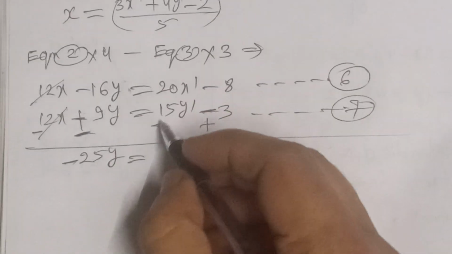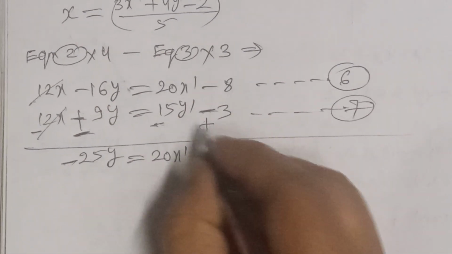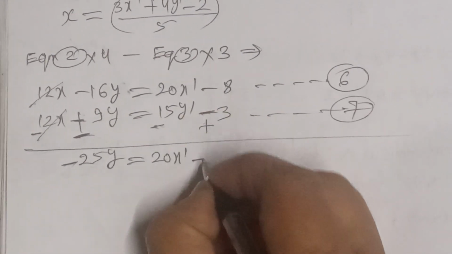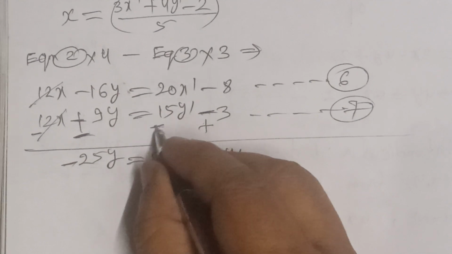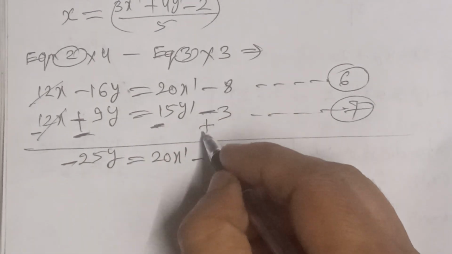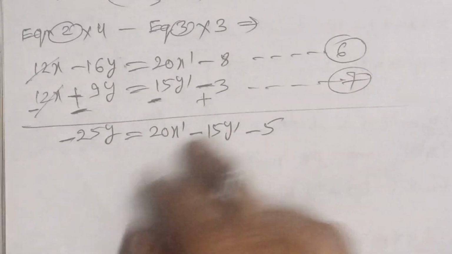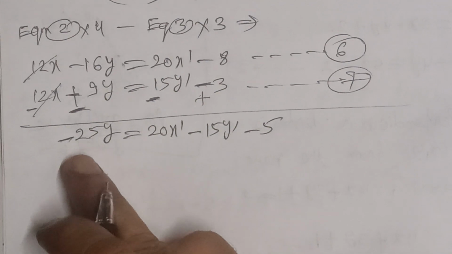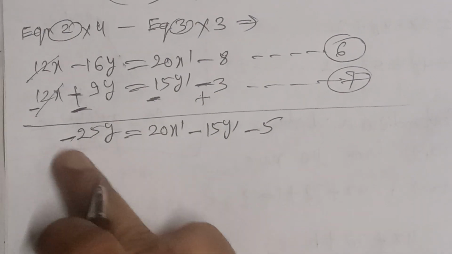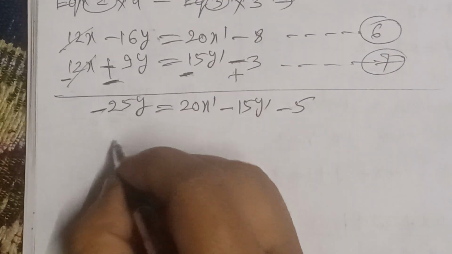On the right hand side, 20x' is positive, but 15y' becomes negative. The difference of these two terms, minus 8 plus 3, becomes minus 5. Now first I divide the whole equation by minus 5 for simplicity.